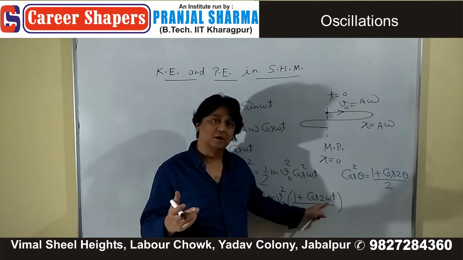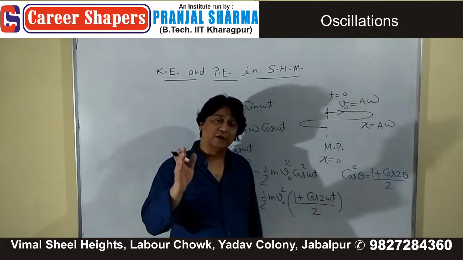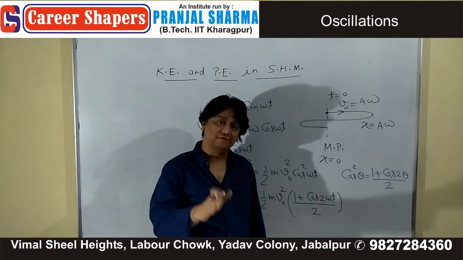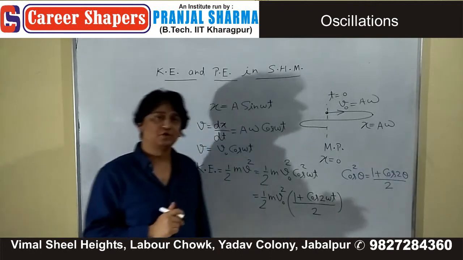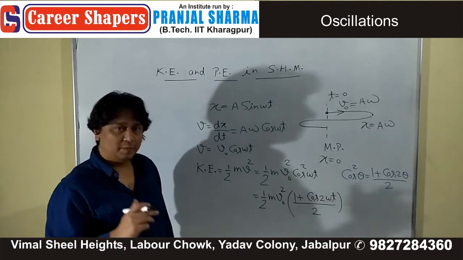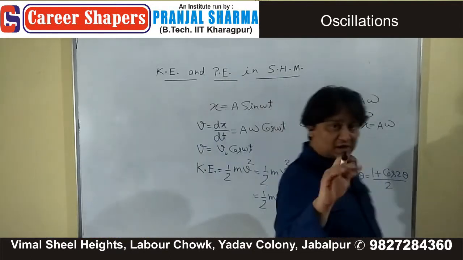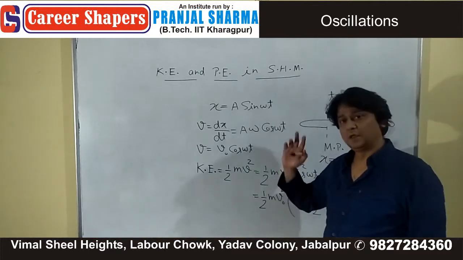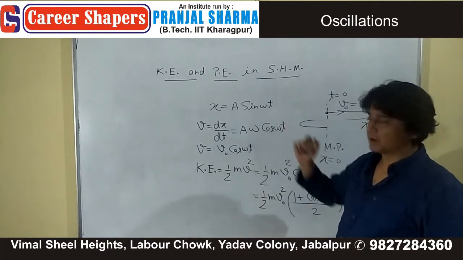What does it mean? It means that if the frequency of SHM is F, then the frequency of kinetic energy is double of that. We'll understand that with the help of an example and a graphical approach.